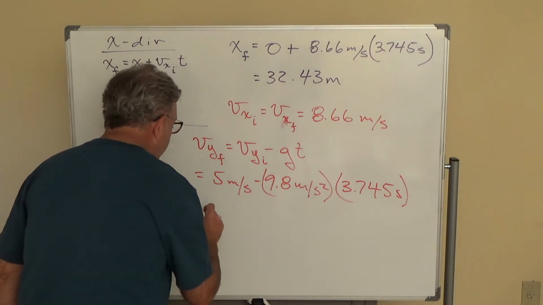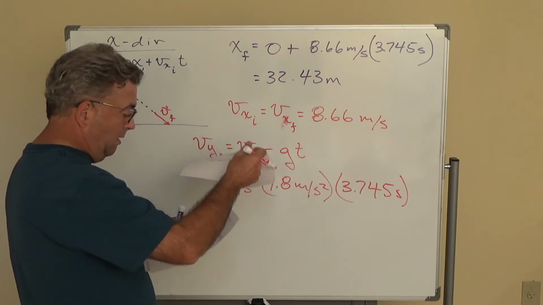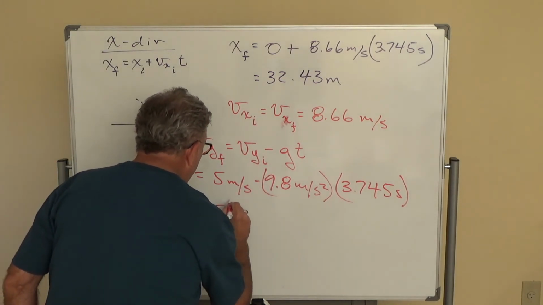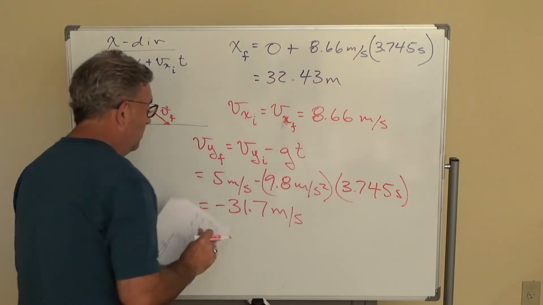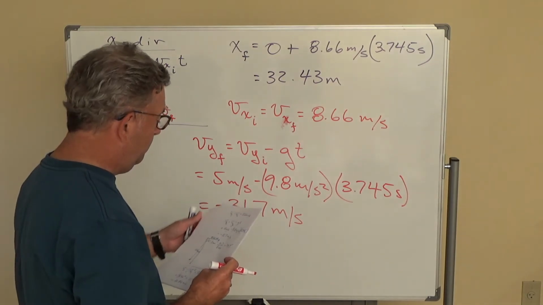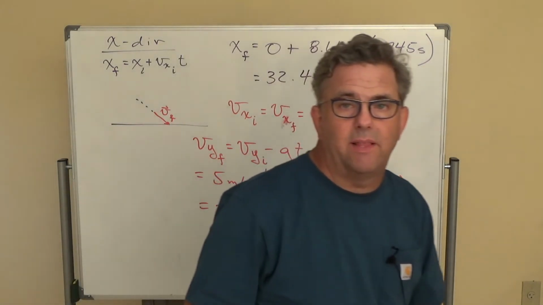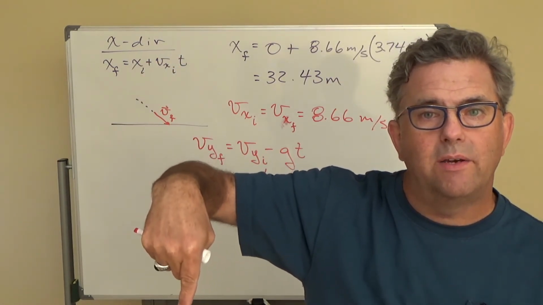Okay? So let me see what I get for Vy final. Negative 31.7 meters per second. That negative needs to be there. That tells me that that final velocity is in the negative y direction.